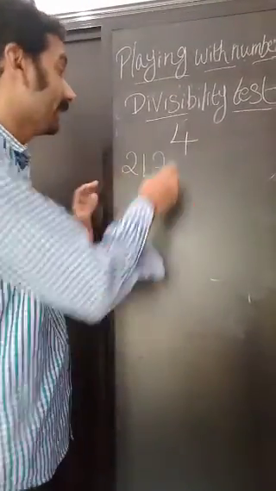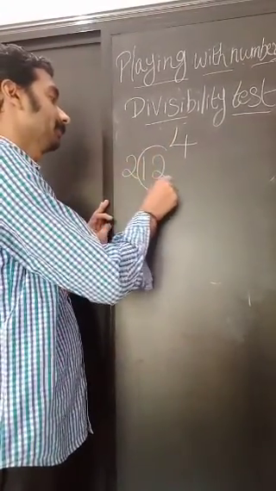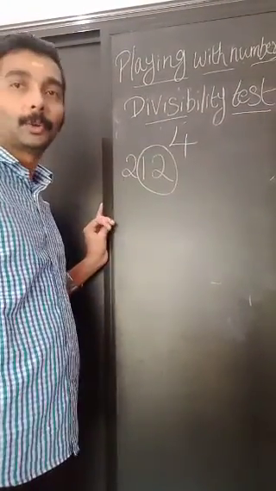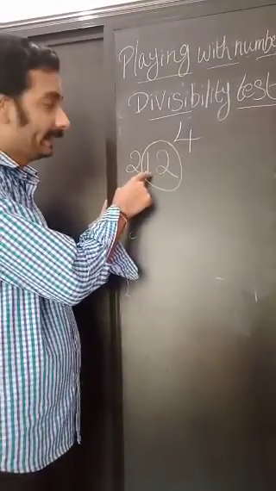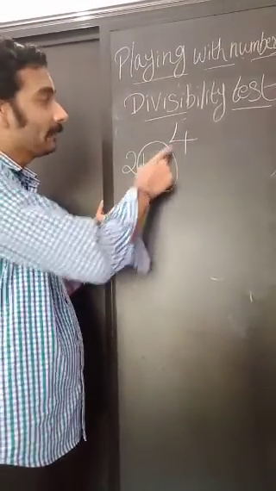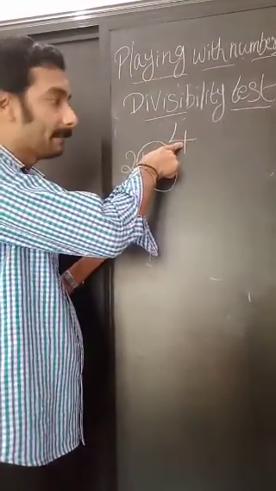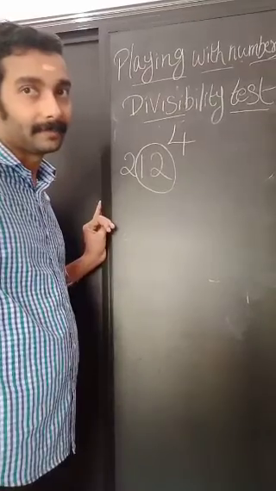We consider the last 2 digits, that means 12. 12 divided by 4 is 3.